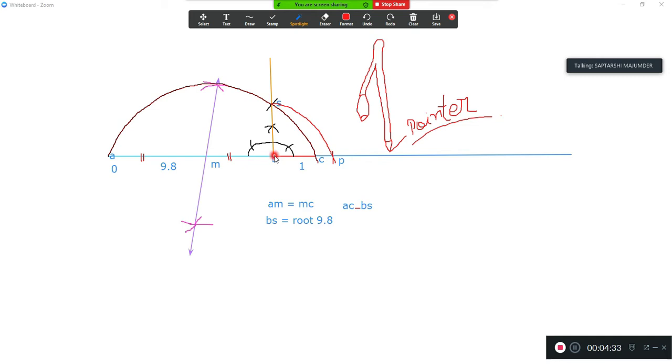At the end we construct another line on the same horizon of length 1 unit. Here 9.8 is in centimeters, so from A to B it's 9.8 centimeter.